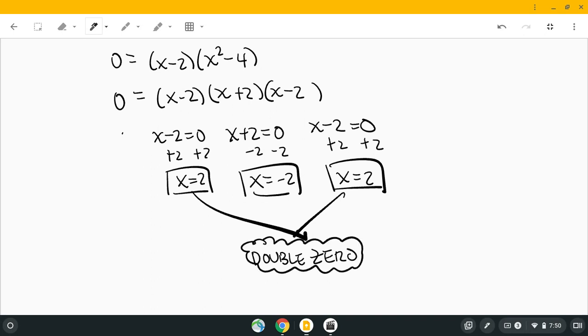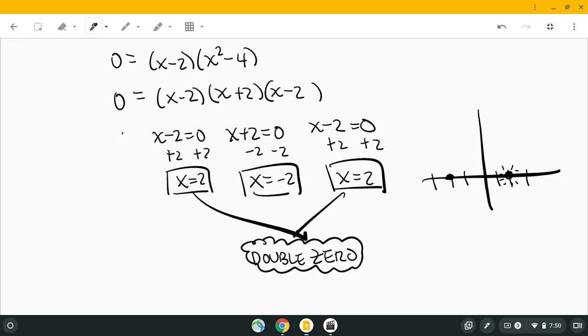We see that x equals 2 is a 0 twice. Okay, so when we do our graph, x equals 2 is a double 0. So we'll give it some sparkle there. And x equals negative 2.